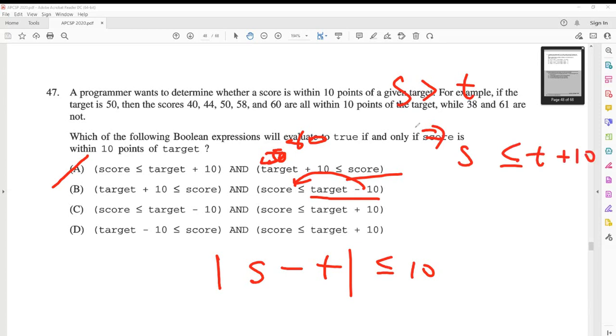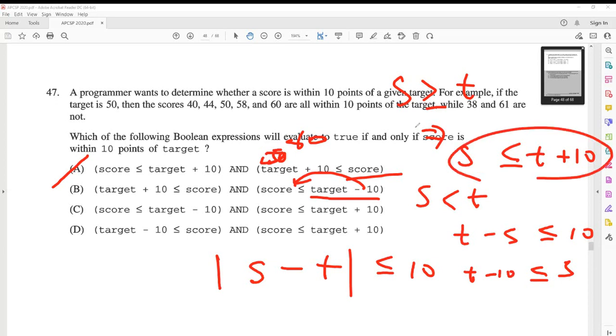If score is less than T, actually it should be T minus S less than or equal to 10. So S should be greater than or equal to T minus 10.